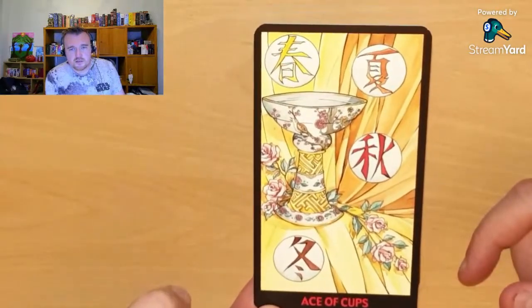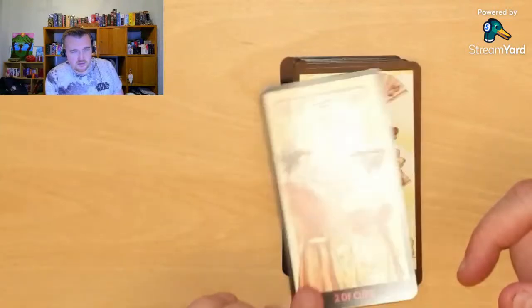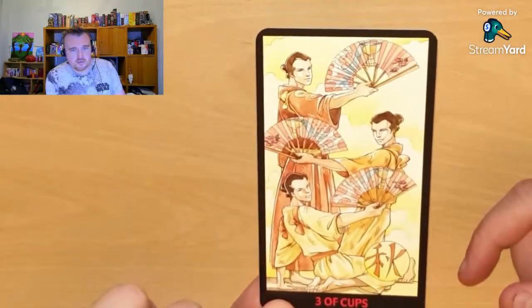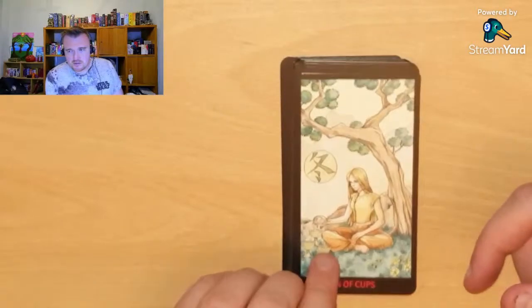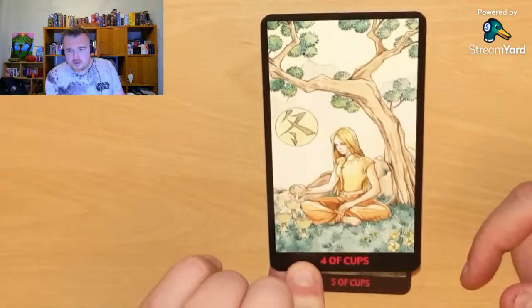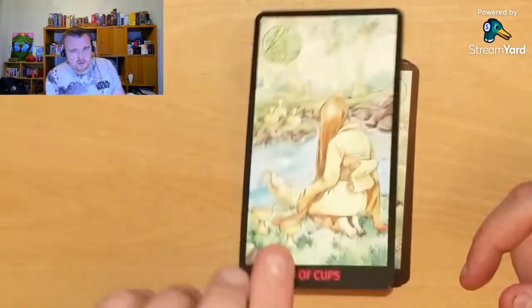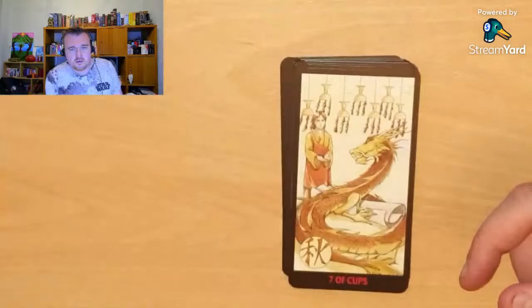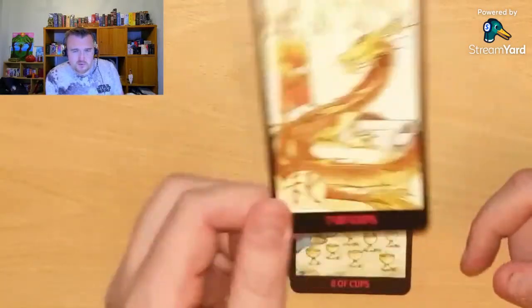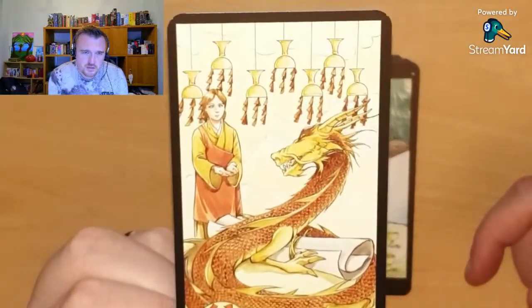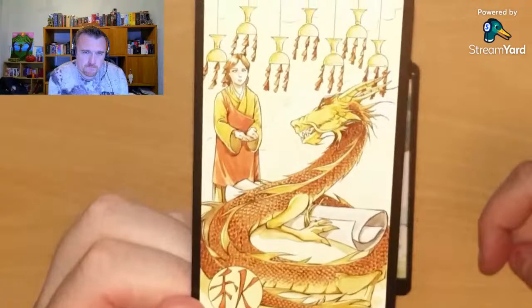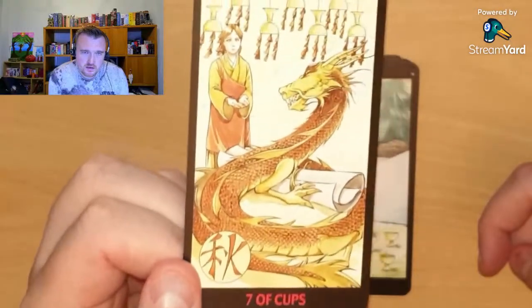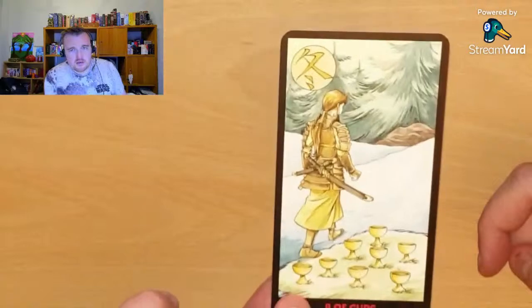Ace. 2. 3. 4. 5. 7. I'm always interested in what they do for the 7 of Cups. 8.